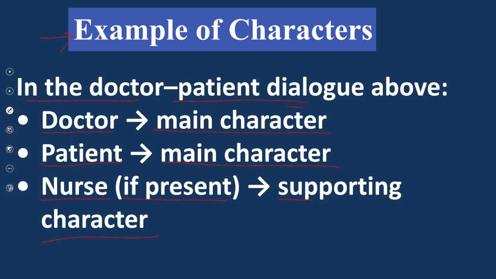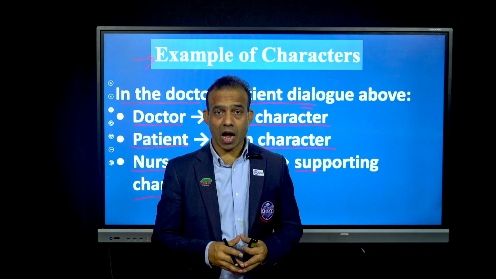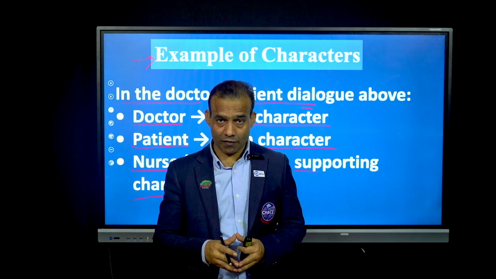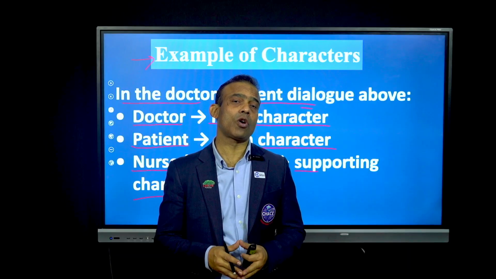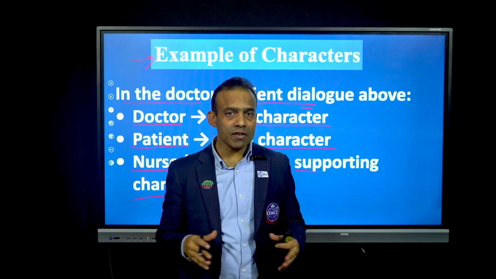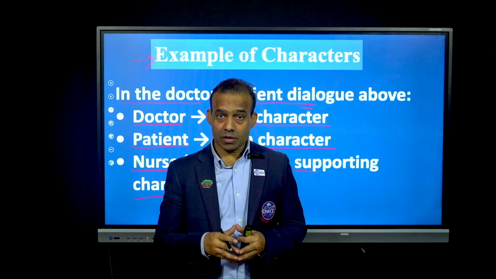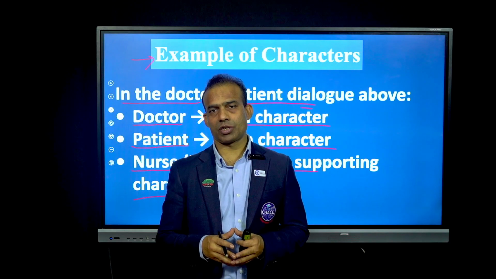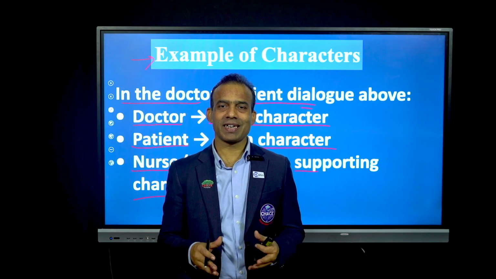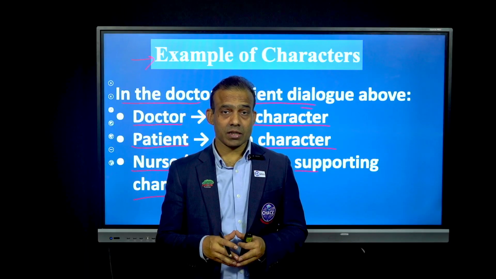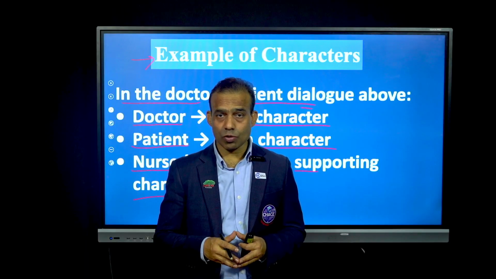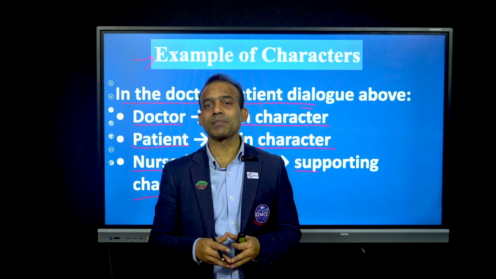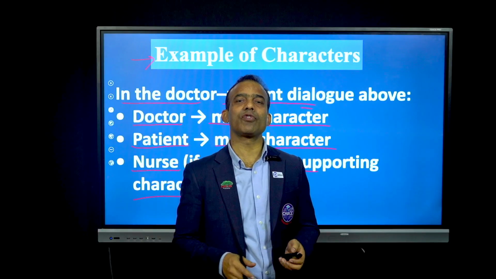The whole conversation depends on two characters, the doctor and the patient, who are the main characters, and the nurse, who supports these two main characters, is a supporting character. Next point.